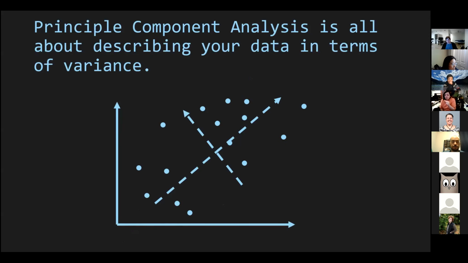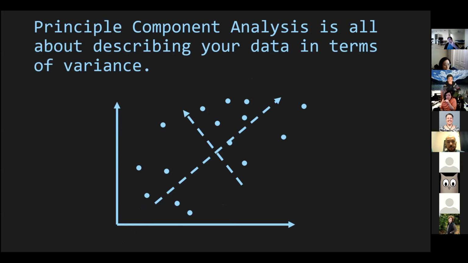But principal component analysis, PCA, is all about describing your data in terms of the variance within that data. And with this two-dimensional cluster, the first line goes from bottom left to top right.